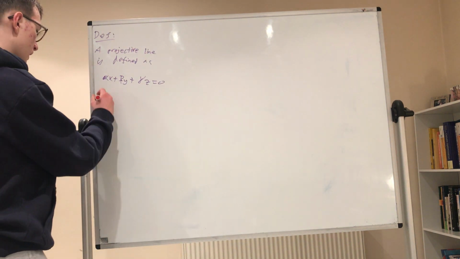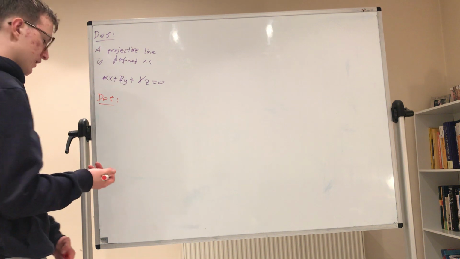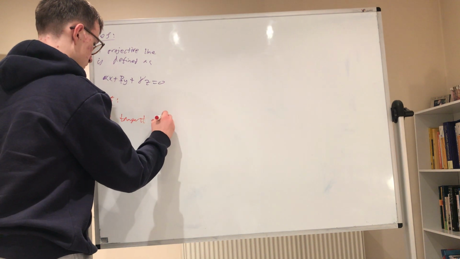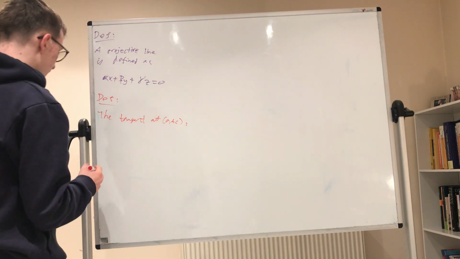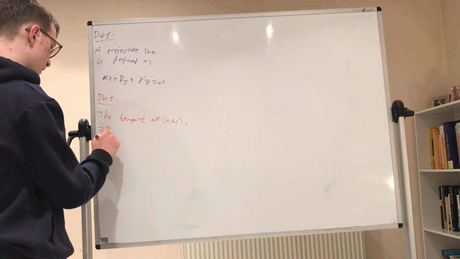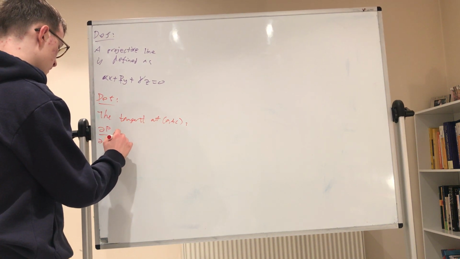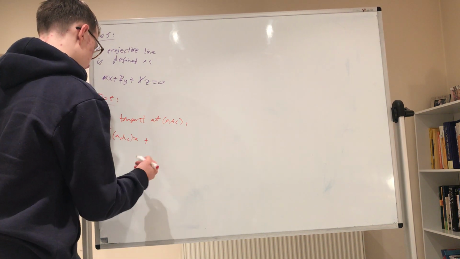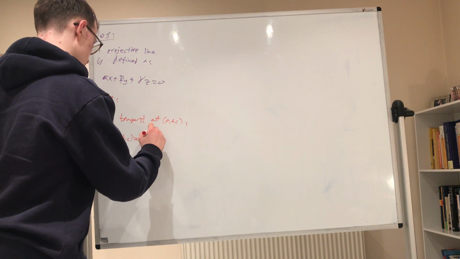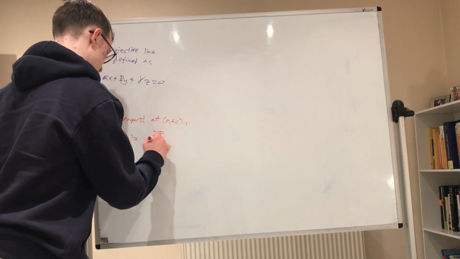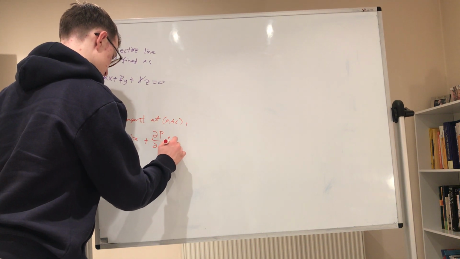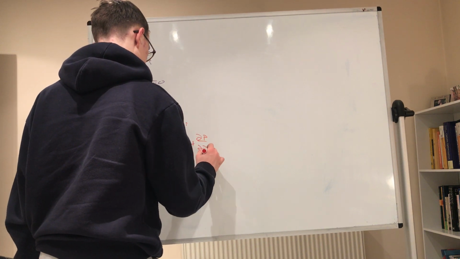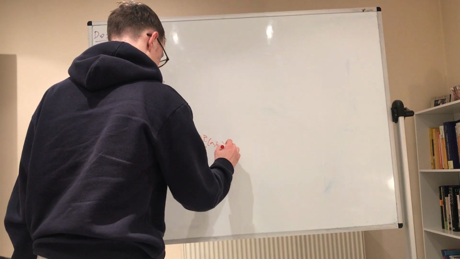If we're given a point ABC, the tangent line is the partial derivative of P with respect to x at ABC times x, plus the partial derivative of P with respect to y at ABC times y, plus the partial derivative of P with respect to z at ABC times z.